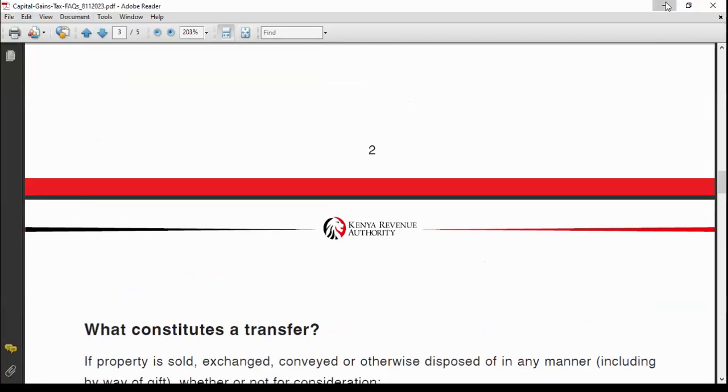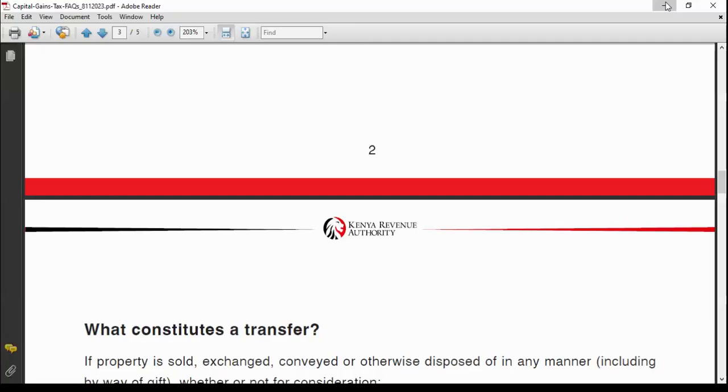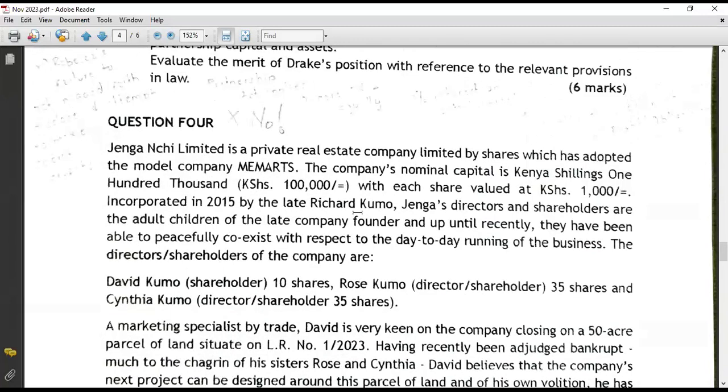So I'm going to read question 4. Let me project. Question 4. Jengainchi Limited is a private real estate company limited by shares, which has adopted the model articles of association. The company's nominal capital is Kenya shillings 100,000, with each share valued at 1,000.